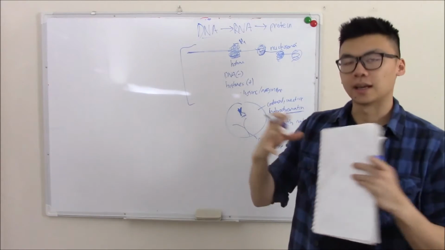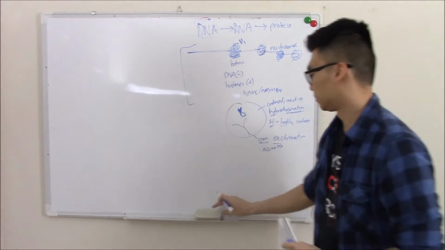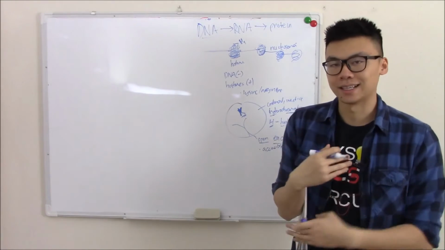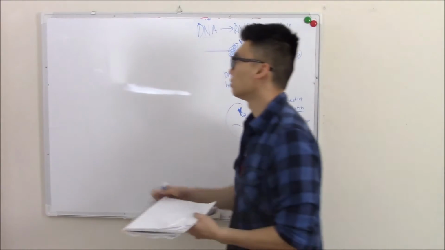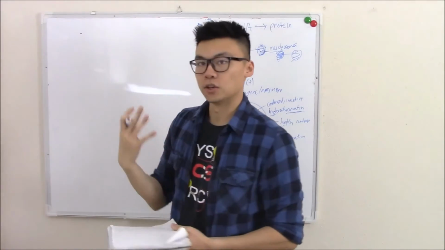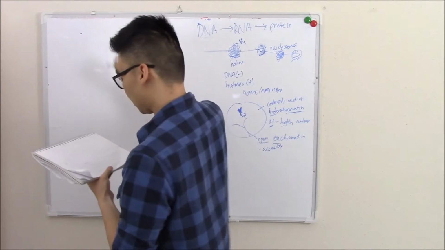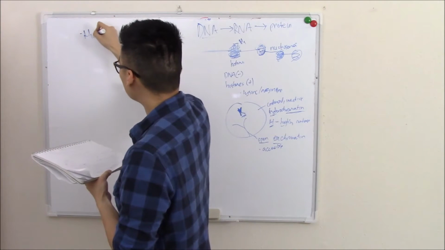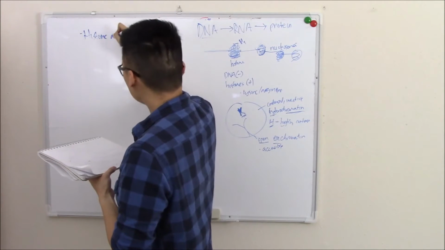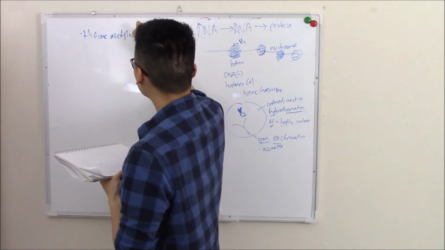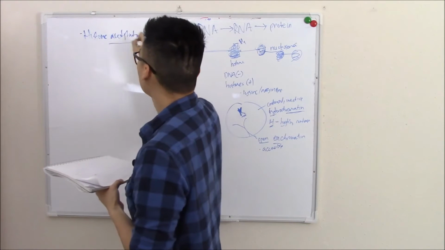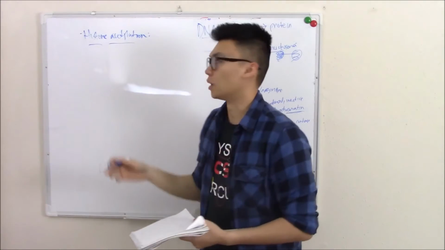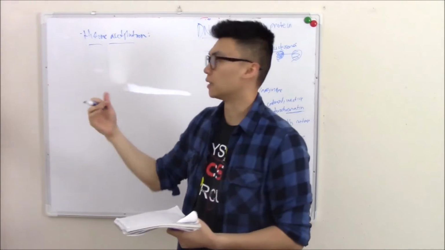What opens and closes DNA in the first place? Well, there are a few methods to do that. One of them is through histone acetylation. And the names always give it away. You basically acetylate the histone.